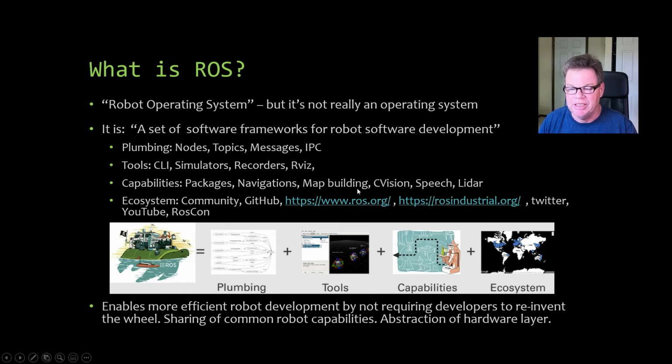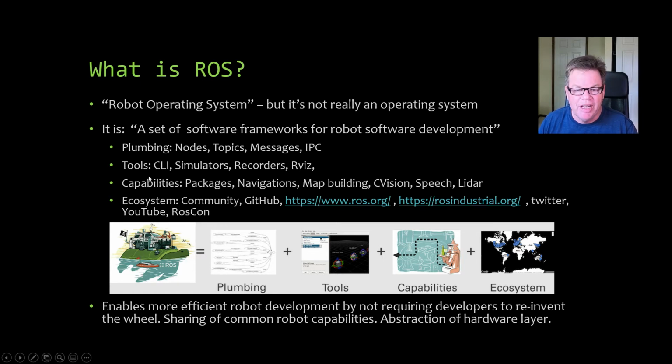Also, there are packages for computer vision, speech, either talking to the robot, letting it accept your commands, or having it talk back to you, and then hardware devices like LiDAR, other sensors, light sensors, environment sensors, proximity sensors. There's a whole bunch of them, and probably hundreds of packages out there with different capabilities.